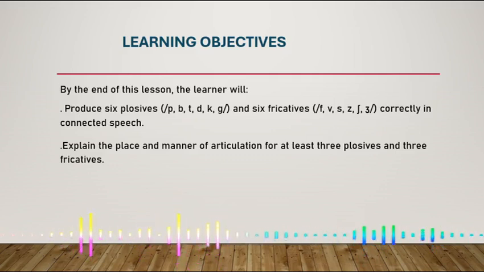You will also learn to explain the technical aspects of at least 3 of each, and also explain the place and manner of articulation for at least 3 plosives and fricatives.